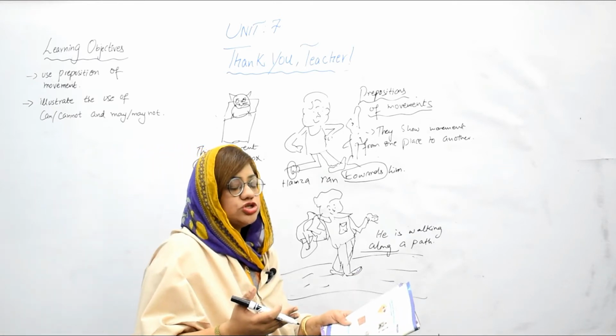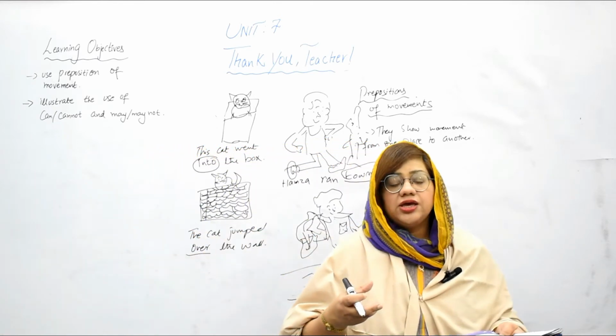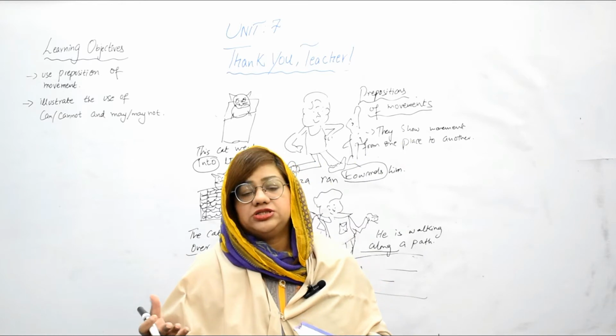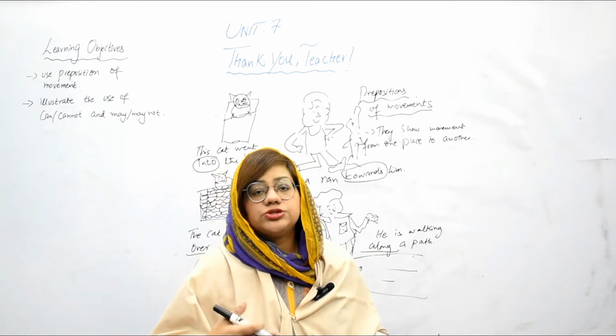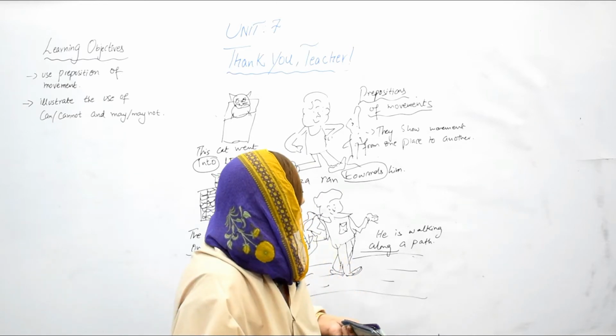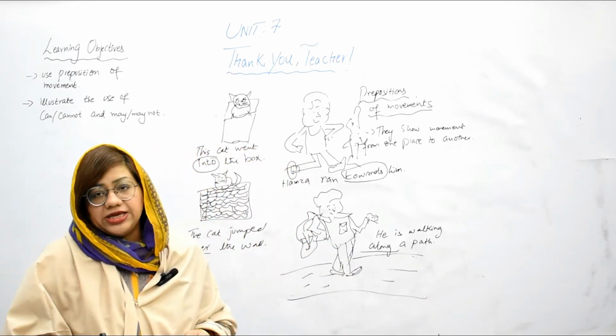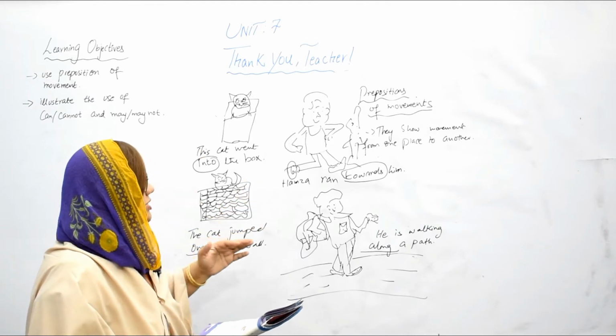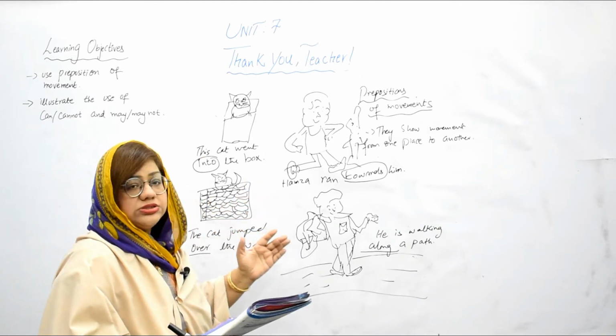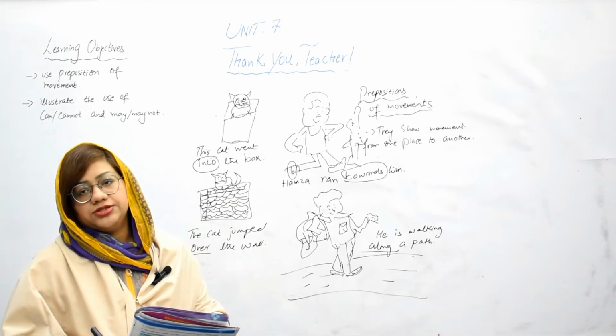Actually, the preposition of movement specifies the different types of movements that any person or anything makes. So these show different movements in different pictures. They show different movements from one place to another.